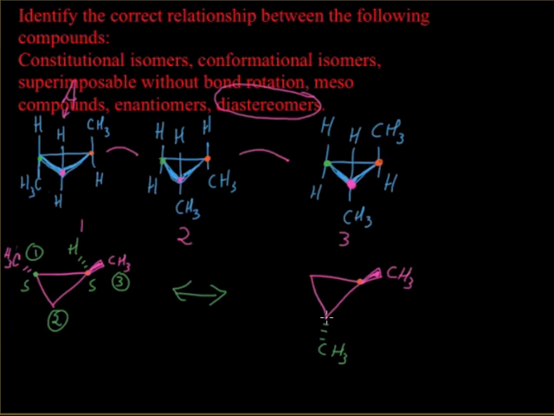Alright, so let's start with this orange one. Highest ranked is going to be here. There's 2, and there's 3. Hydrogen's going away, so that means we're going this way. That's 1, 2, 3. That's clockwise, so it's R. Okay, get rid of all this real quick.